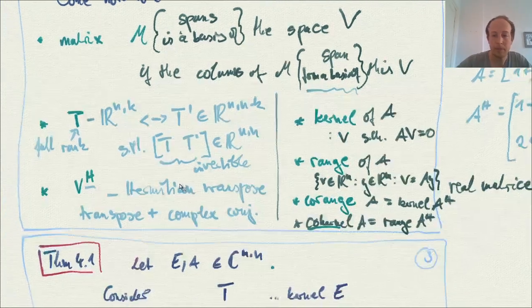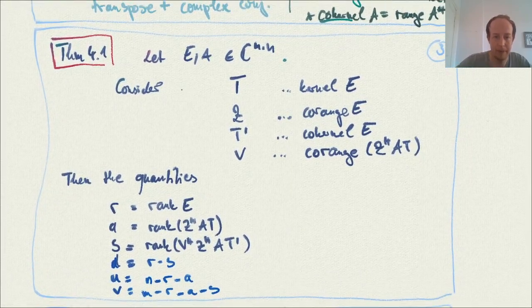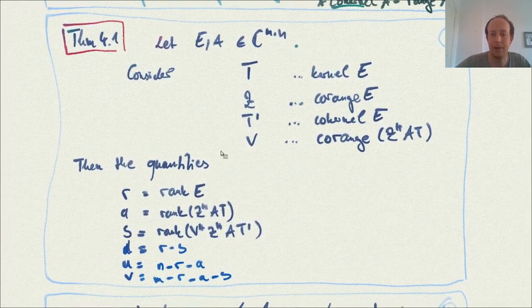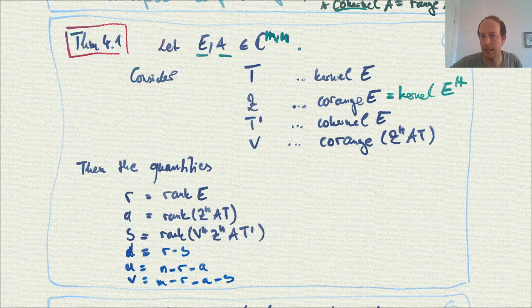Co-kernel. Okay, and with that we can now consider this theory that will define this canonical form under local equivalences. For this theory we take E and A to be m times n matrices, so they need not be square, but fixed matrices, so no functions. Then of course we can consider the kernel of this E matrix. We can also consider the corange of E, which is the kernel of EH.